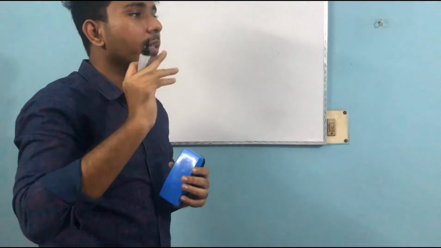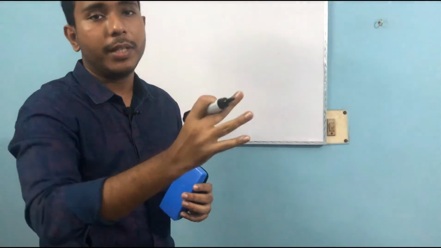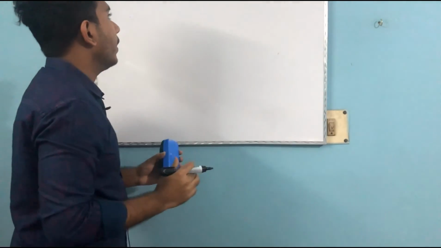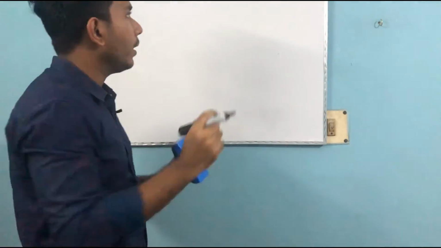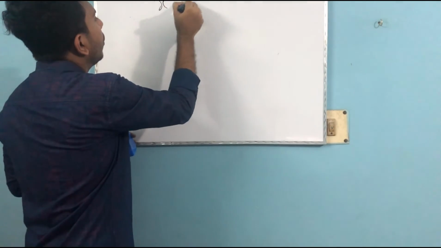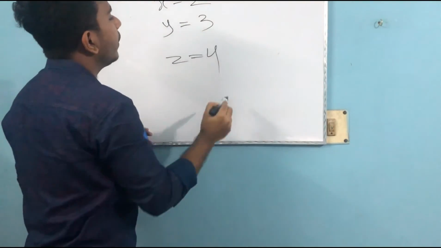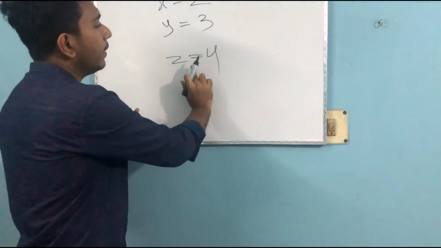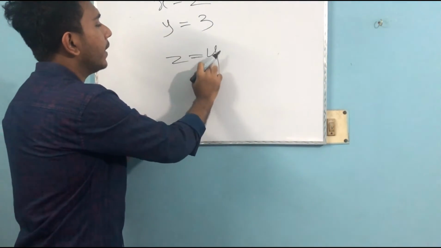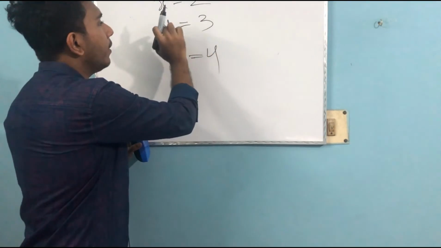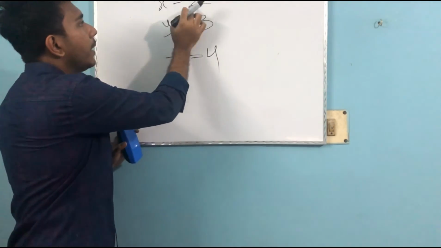Now how can you assign a value to a variable? Suppose you can simply write x equal to 2, y equal to 3, z equal to 4. You can easily write that. You can understand this is the assignment operator. 4 is assigned to z, 3 is assigned to y, and 2 is assigned to x.